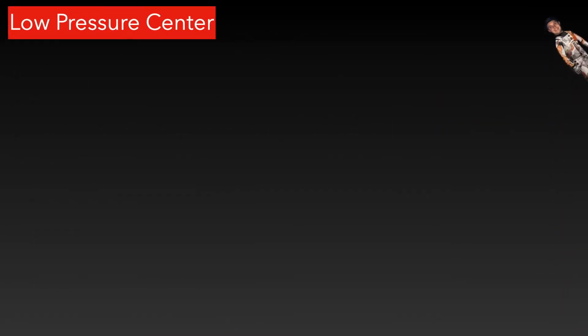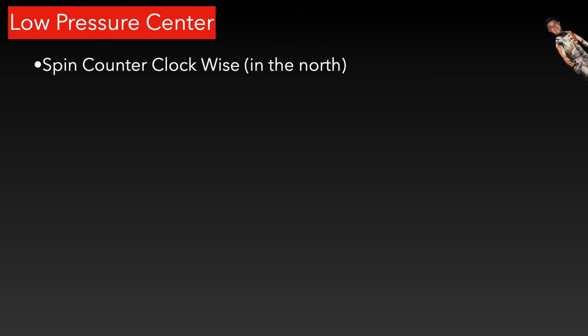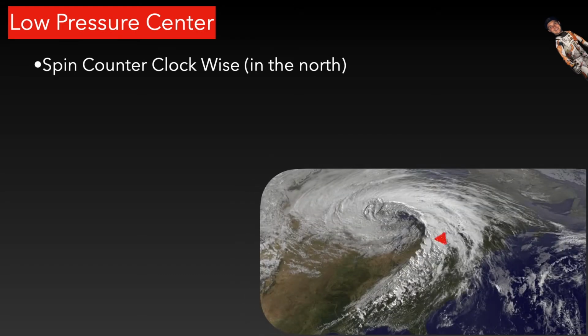A low pressure center will spin counterclockwise, again in the north. As you can see here, the red arrows are showing the direction of that wind, and the red L represents the center of that low.